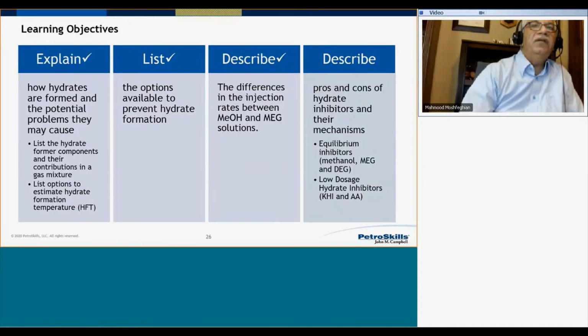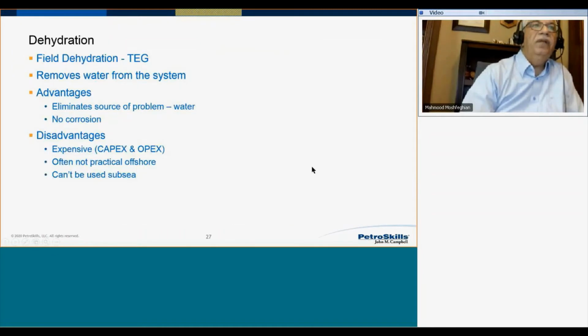So now let's discuss the pros and cons of hydrate inhibitors and their mechanism. Again, the focus is going to be on equilibrium inhibitors and low dosage inhibitors. So the first prevention method was dehydration. Normally for field dehydration, we use TEG because TEG is much cheaper, commonly used in the field, and meets our requirement.